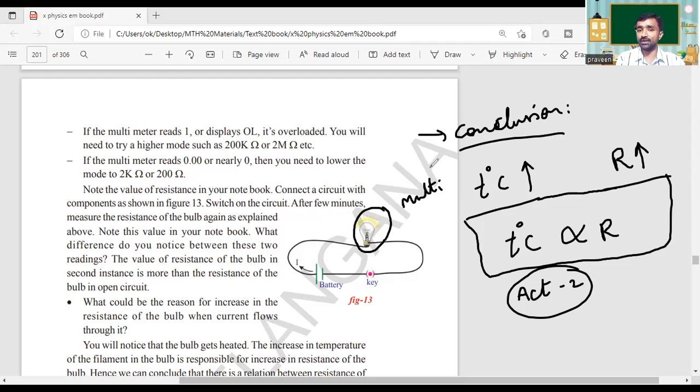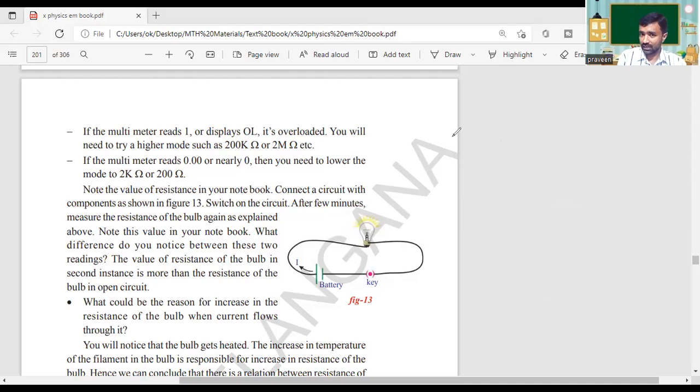So the multimeter was already explained in the morning class. Just you have a selection knob, right? One thing maybe I forgot to inform you, that is about overload, right? Overload.